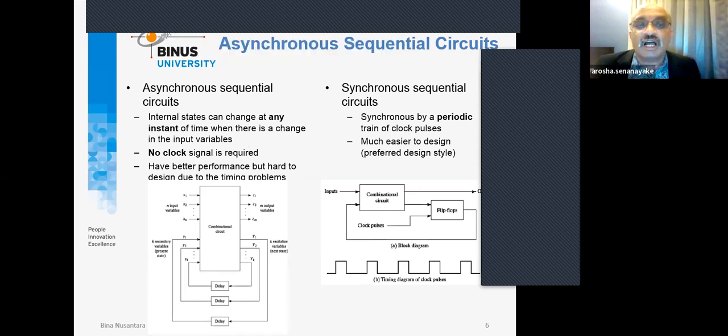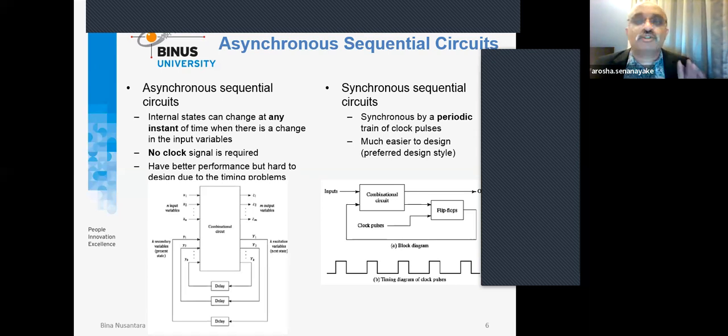That means internal states can change at any time, depending on the variations of the input variables. Initially the input is probably 0, so the output might be 0, and the next state might be 0 as well. But depending on the input variable, the next is most probably 1, and then the next state becomes 1. So in asynchronous sequential circuits, no clock signal is required.